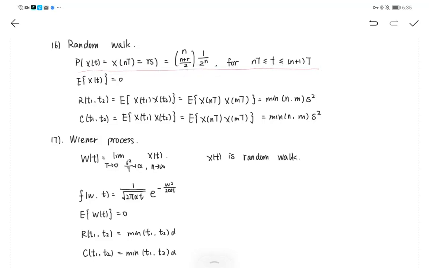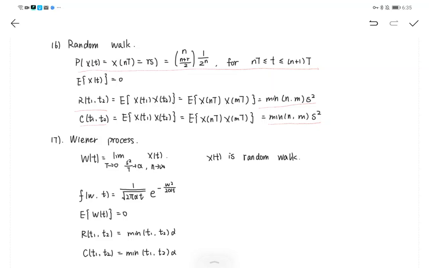And we know that from the definition we can find the expectation equals 0, and the autocorrelation equals the minimum of n, m times s squared, and the autocovariance equals the minimum of n, m times s squared.